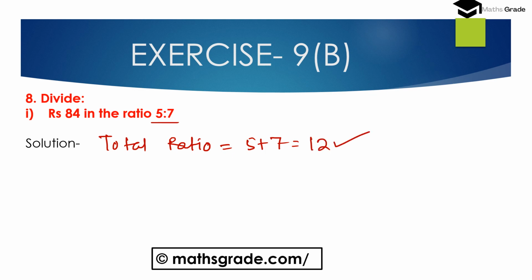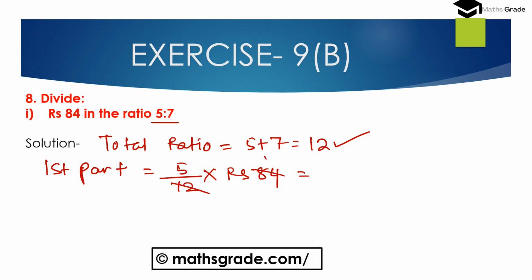Now the first part is 5. In the ratio 5 is to 7, that is 5 divided by the total ratio, that is 12. 5 divided by 12 multiplied by 84.